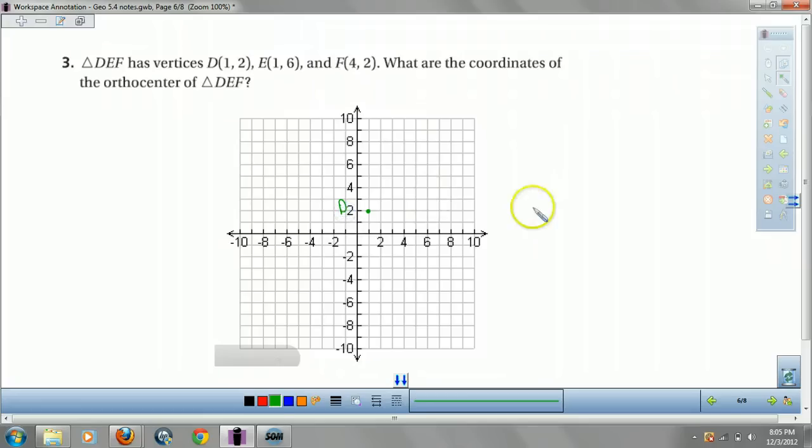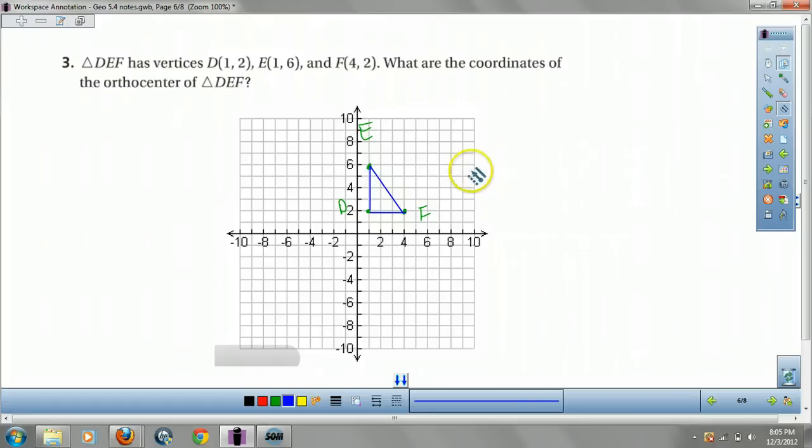That's D. 1, 6. That's E. And 4, 2. That's F. Okay. And we connect the lines.